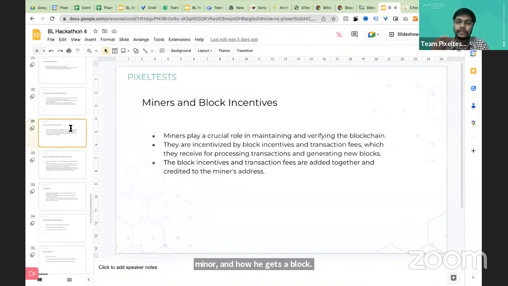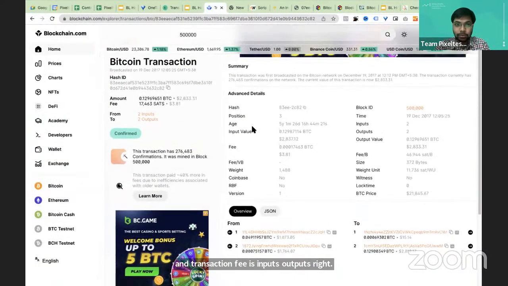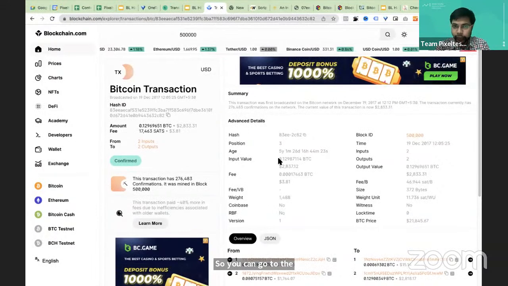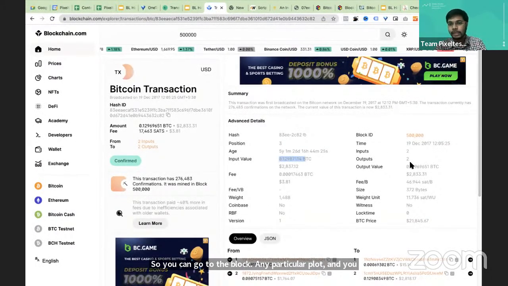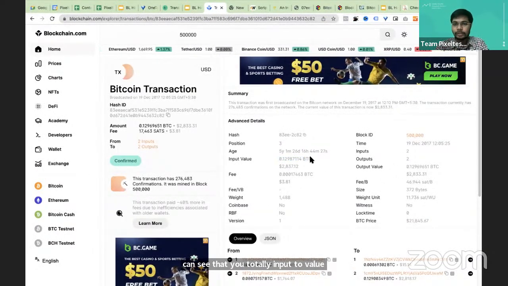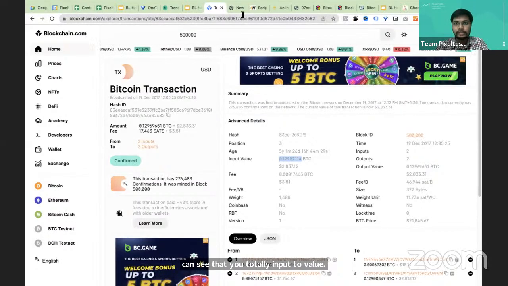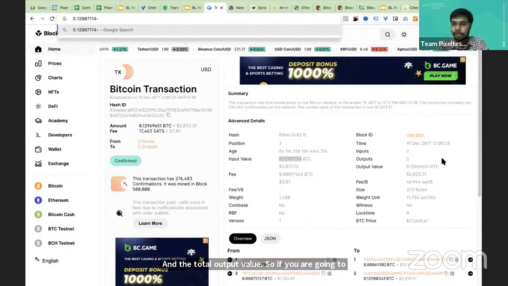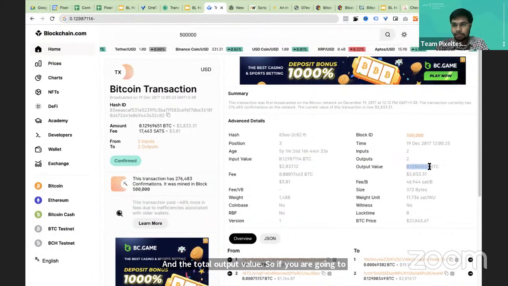Whenever a miner is verifying, he's verifying it for the incentive of the transaction fee, and transaction fee is inputs minus outputs. So you can go to any particular block and see the total input value and the total output value. The difference should be our transaction fees.